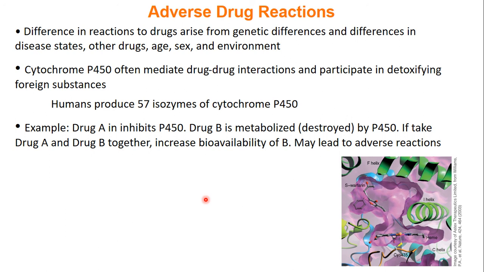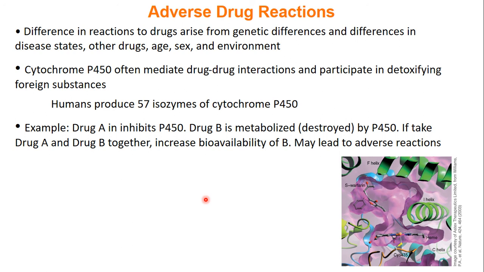And let's say drug A inhibits P450 so it can no longer work. Well, let's say you're taking drug A with drug B. Drug B is normally destroyed by P450. But if you take drug B alone, enough of it still gets to your proteins that it is effective.